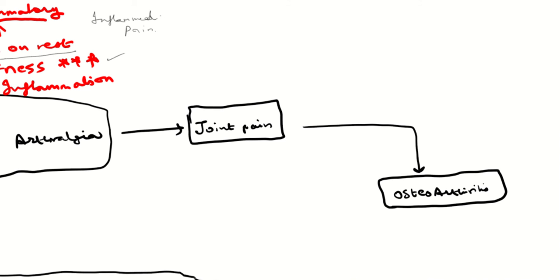That's osteoarthritis. Now, this is not a very good name because arthritis, by definition, would mean inflammatory. However, this is degenerative joint disease. There's no inflammation. It's just over a period of time, your cartilage in the joint has worn out. So CRP is going to be normal.